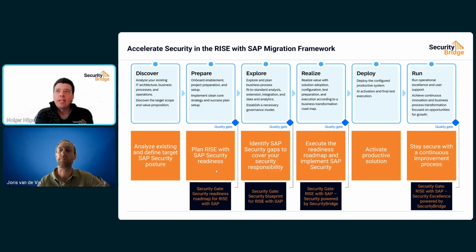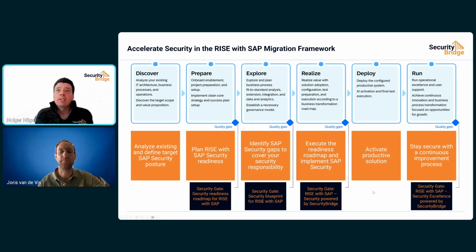And in the last phase, you want to make sure that you stay secure, because you reached a very good security level within your RISE environment. And there are certain things that you need to do to stay there and continuously improve that.